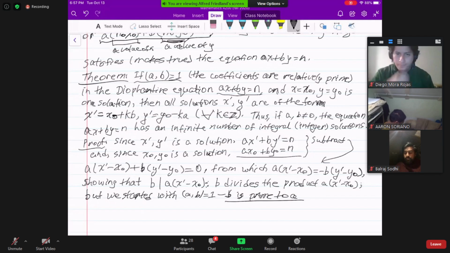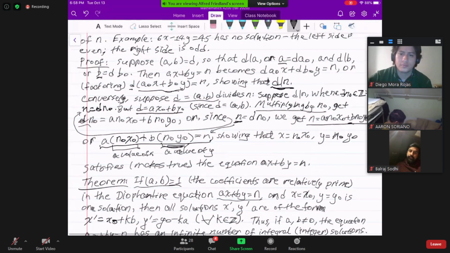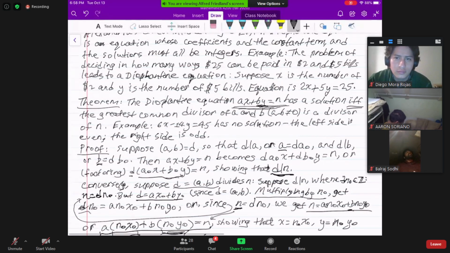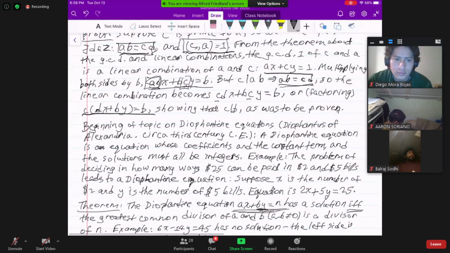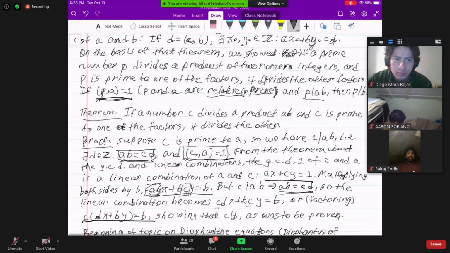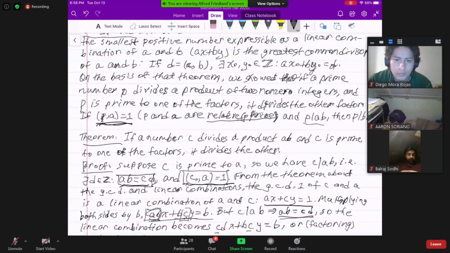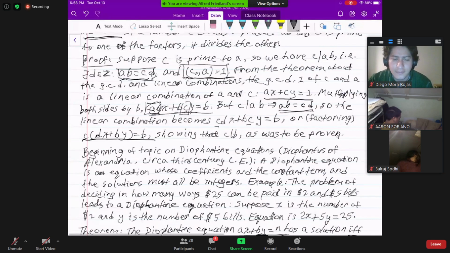B is prime to a. And so the first theorem we started out with today says that if a number divides a product and it's prime to one of the factors, it divides the other.